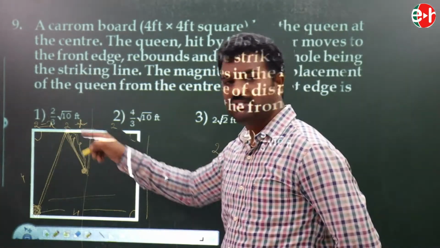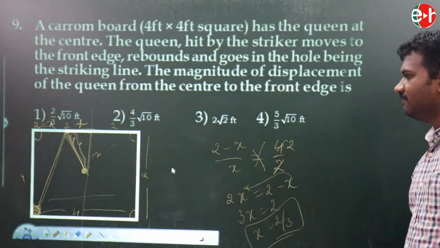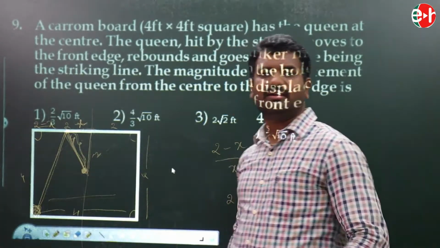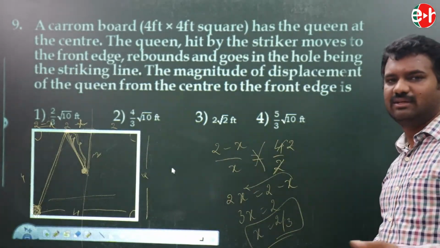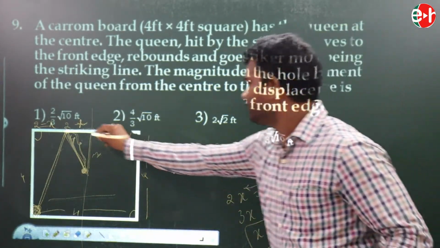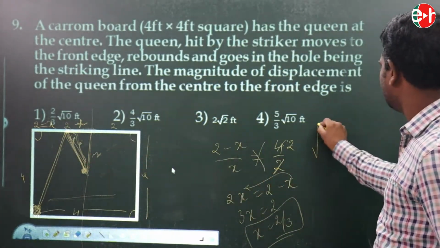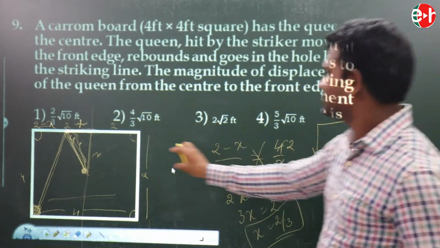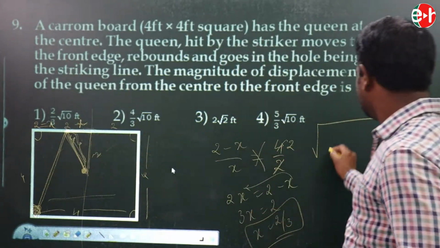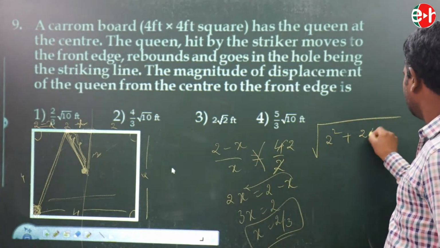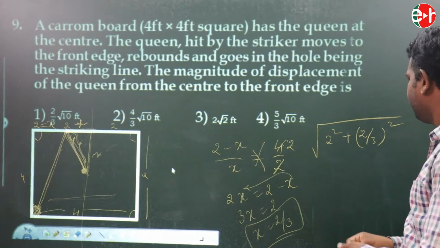So this length equals how much? 2 by 3. So if this is 2 by 3, now our job is over. No more physics, only simple mathematics. That is, we have to find this hypotenuse. So the hypotenuse is equal to root over side 1 square plus side 2 square. So 2 square plus 2 by 3 whole square.